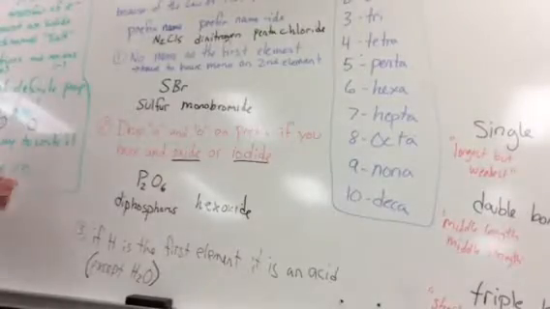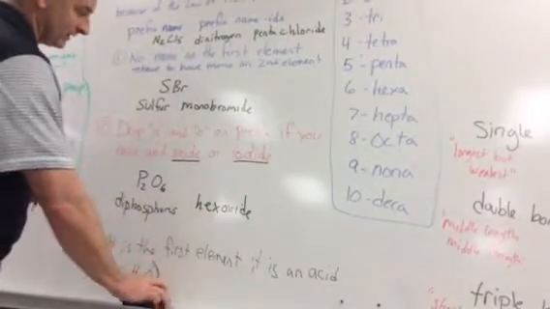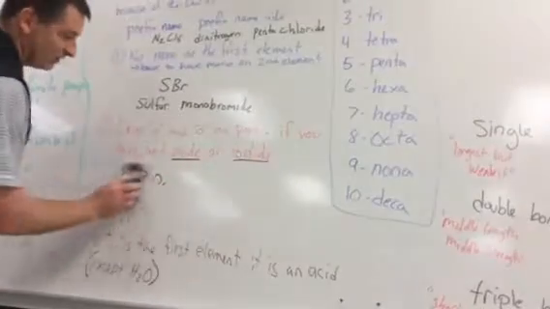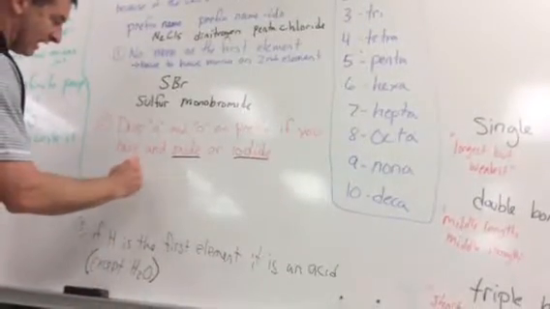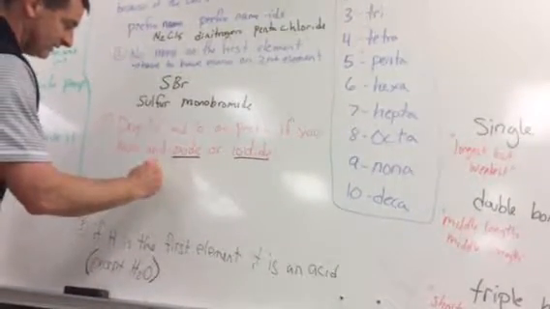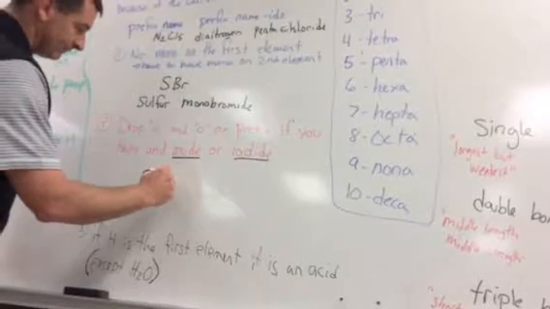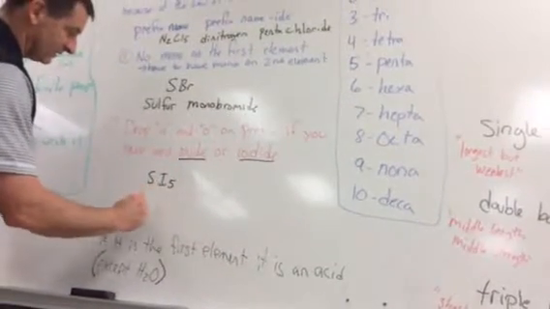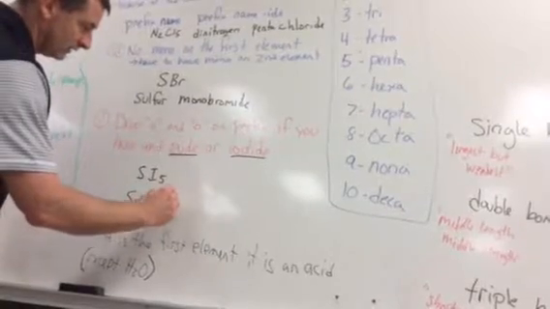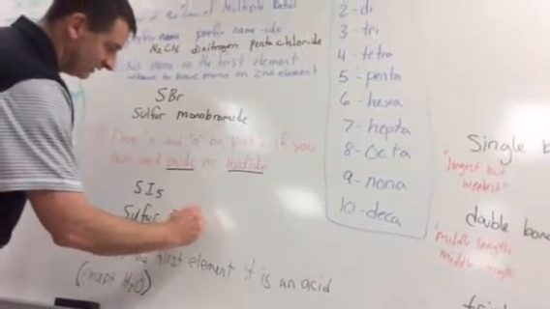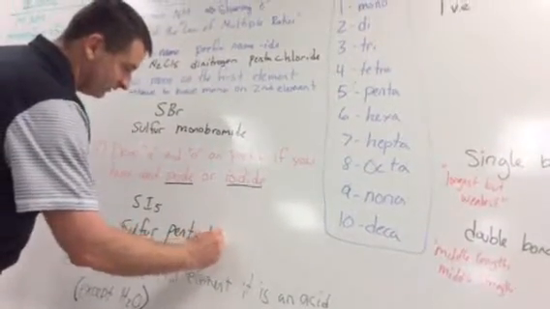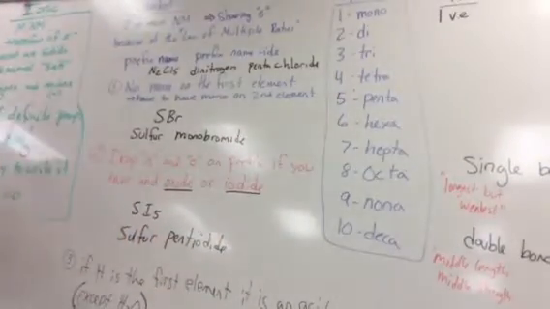All right? So everybody see that? You drop the A on the prefix when using oxides. Iodides, you do the same thing. So if I have SI5, that's going to be sulfur pentiodide. So I drop that A on penta.